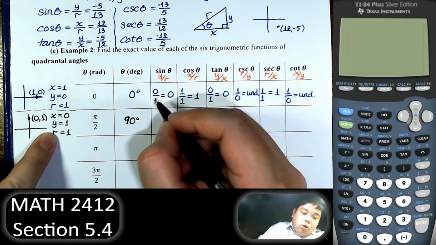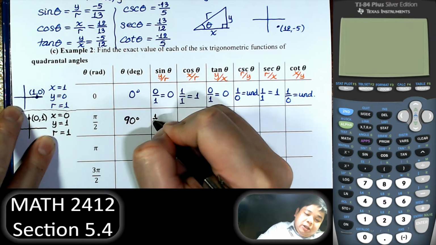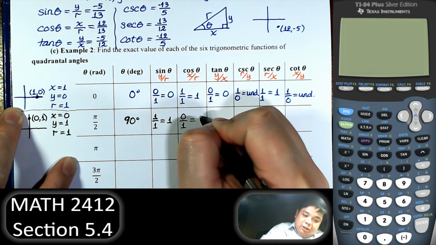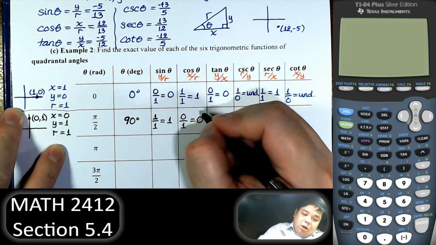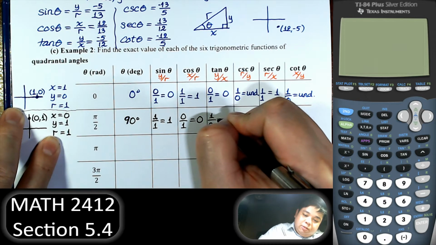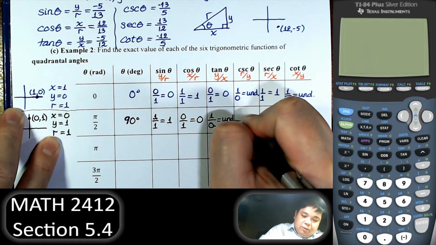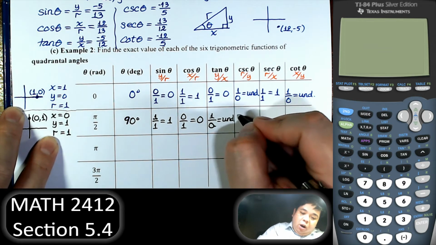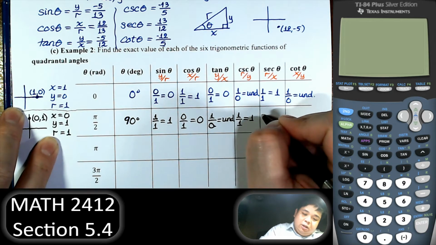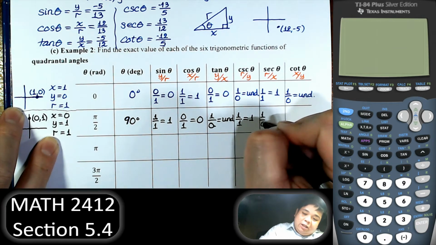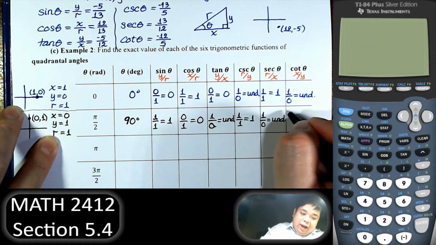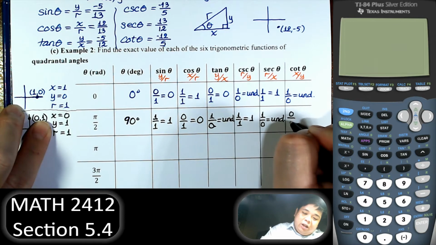Sine is y over r, cosine x over r, tangent y over x, cosecant r over y, secant r over x, and cotangent x over y.